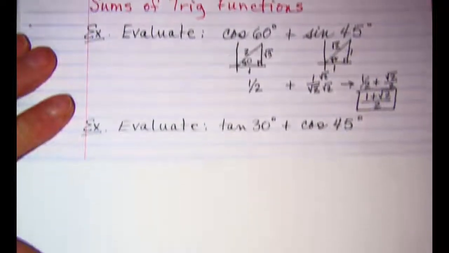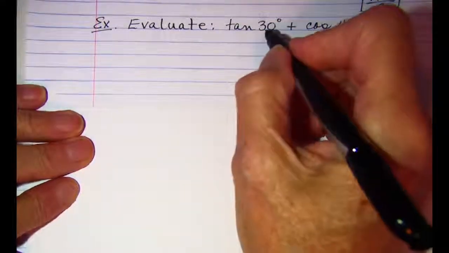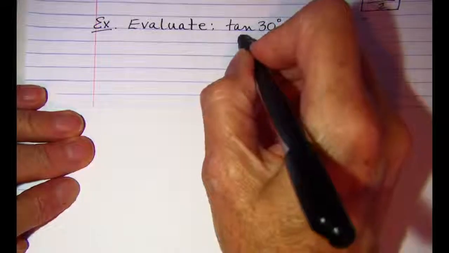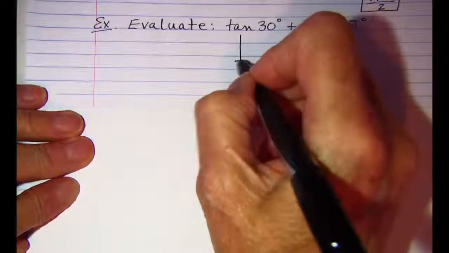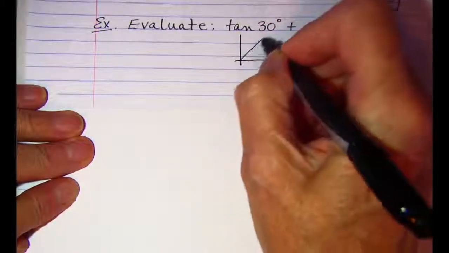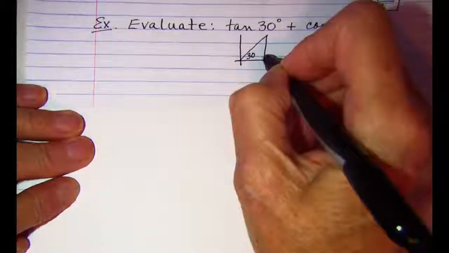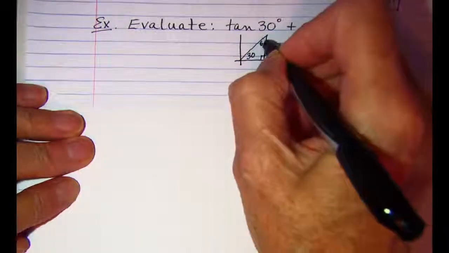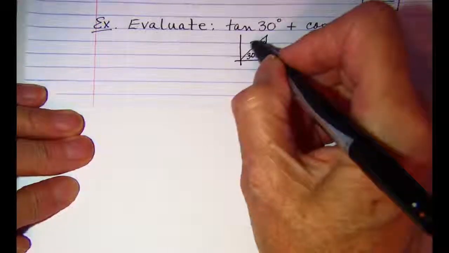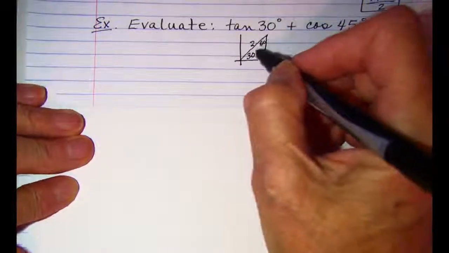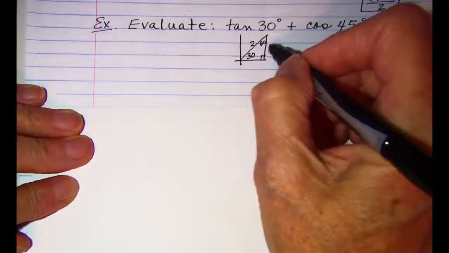Our next example, for a 30-degree angle, we need a reference triangle that will be 30, 60, 90. This will be my 60. You can put a 2 on the hypotenuse. The side opposite the 30 is 1.